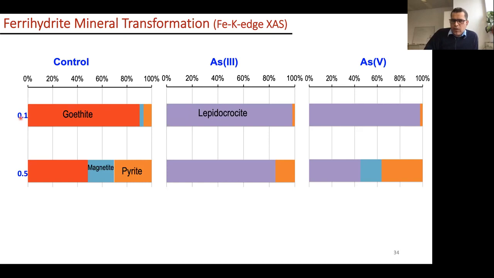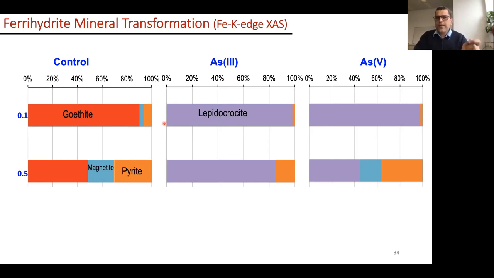what we see at lower sulfide concentration is that most of the ferrihydrite is transformed to goethite. But in the case of arsenic, either arsenic 3 or 5, to different degrees, the transformation led to lepidocrocite formation, not necessarily goethite. That was interesting, and it tells us that not only does mineral transformation impact the speciation of the contaminant, but the contaminant itself also influences the mineralogy of your system.